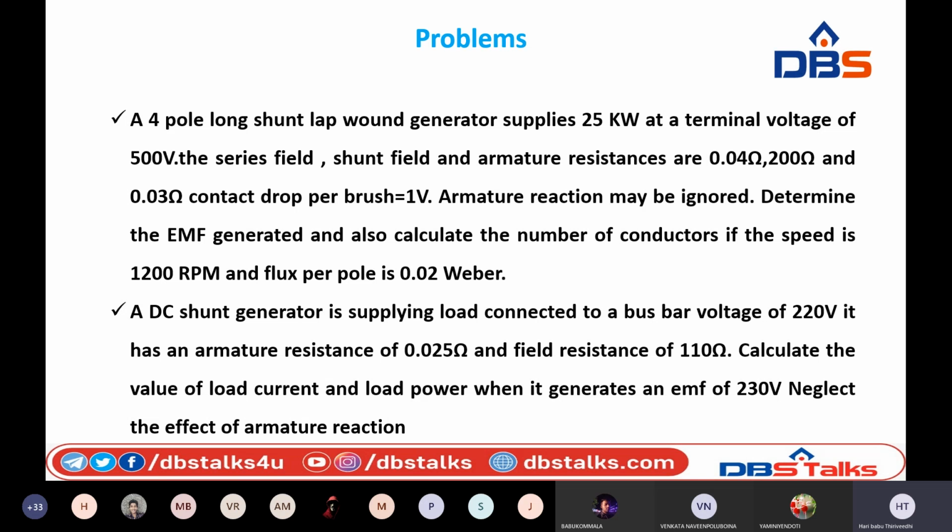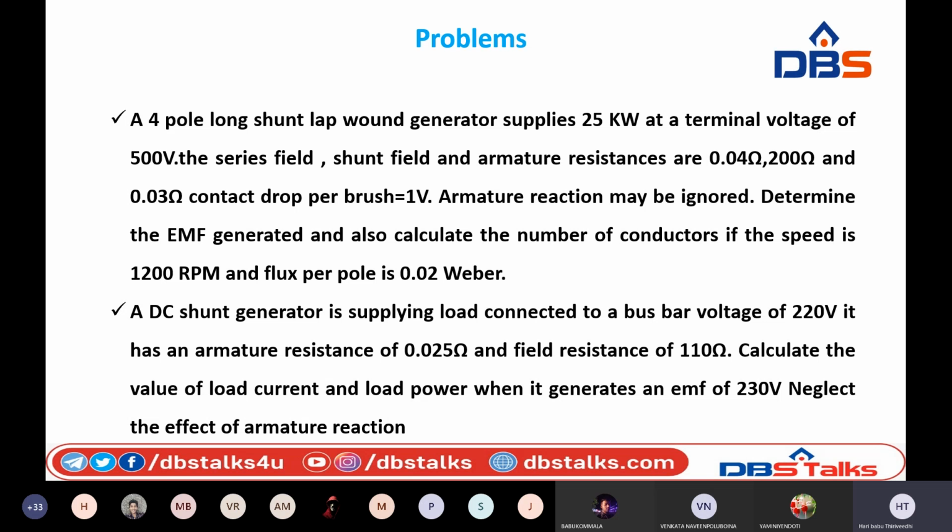Eg 230 is equal to V 220 plus IA, we don't know, RA value is 0.025, plus brush drop, given or not given. Brush resistance they didn't give, right? Suppose they don't give brush drop or brush contact drop or brush voltage, simply neglect it, take 0.